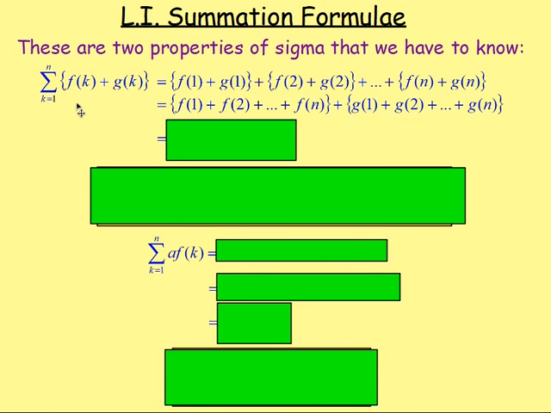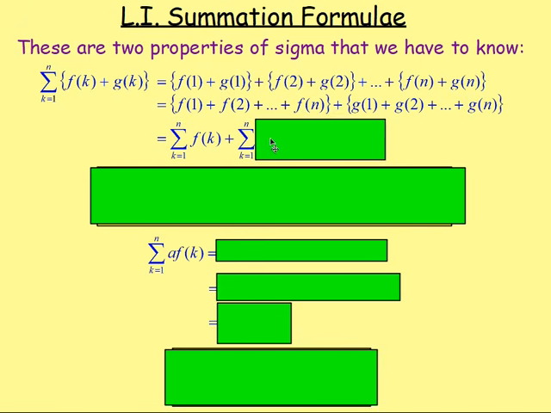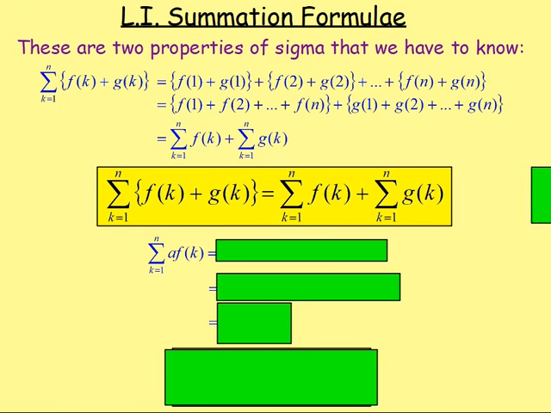So another way of writing the sum of two functions is to get the sum of the first function, going from k equals 1 all the way up to n, and then get the sum of the second function, and add those answers together. So the first property is, if you have the sum of two functions, you can split it up. It is the sum of the first plus the sum of the second.